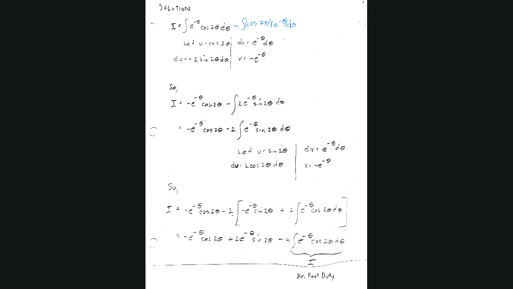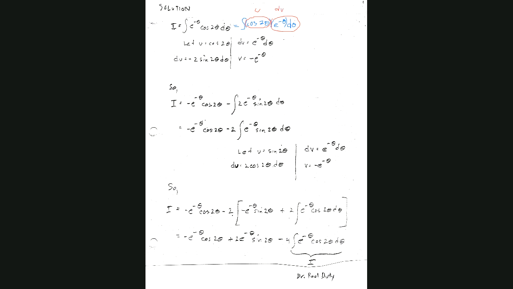So we're going to let cosine of 2 theta be the u, and dv would equal e to the negative theta d theta.